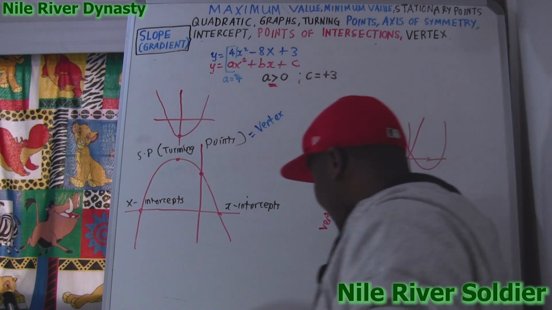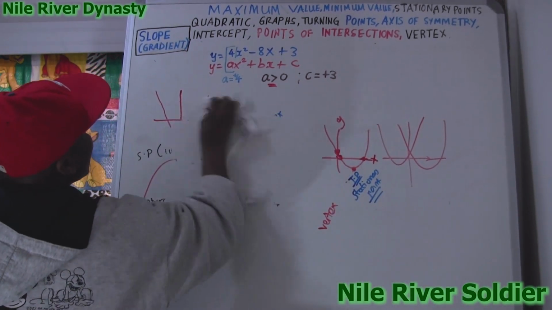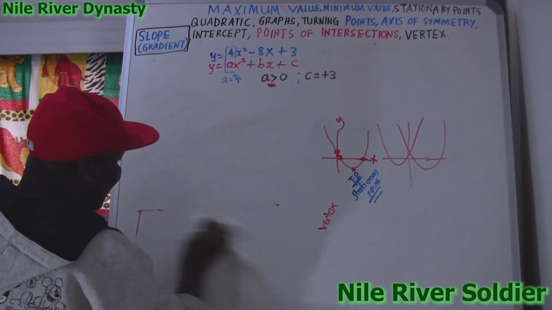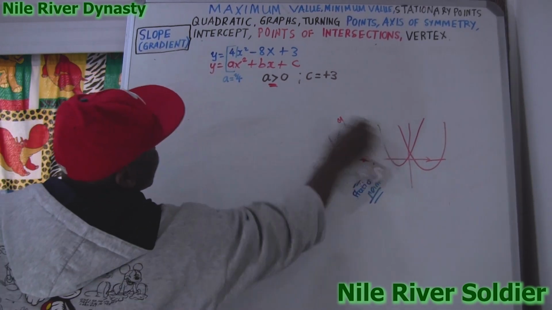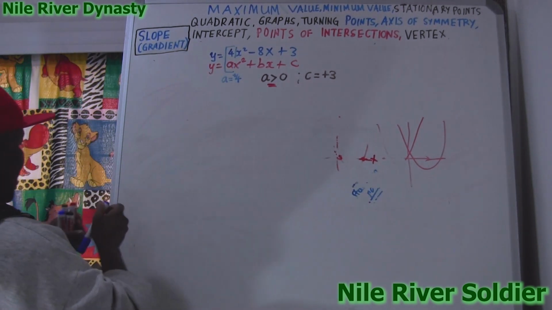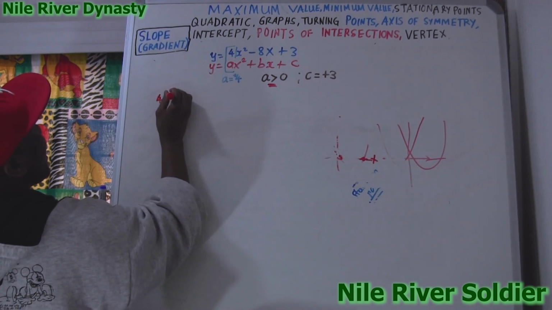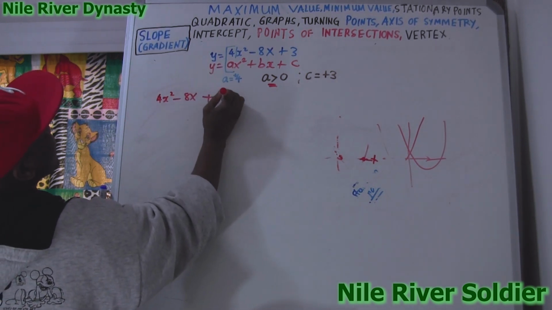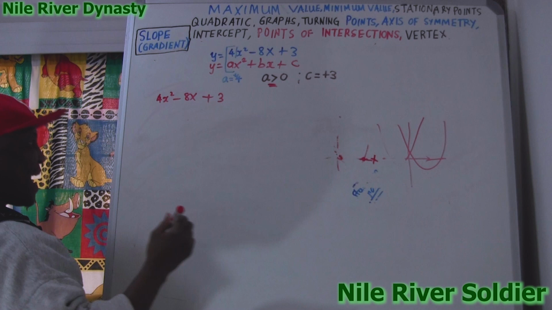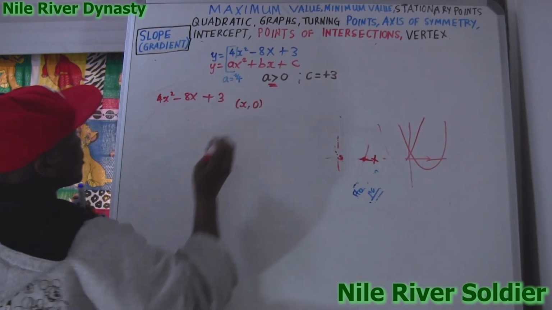Now let's start with the x-intercept. This is a very simple formula we can use to get all this stuff. Now let's take that: you have 4x squared minus 8x plus 3. What is the x-intercept? At the x-intercept, y equals 0.